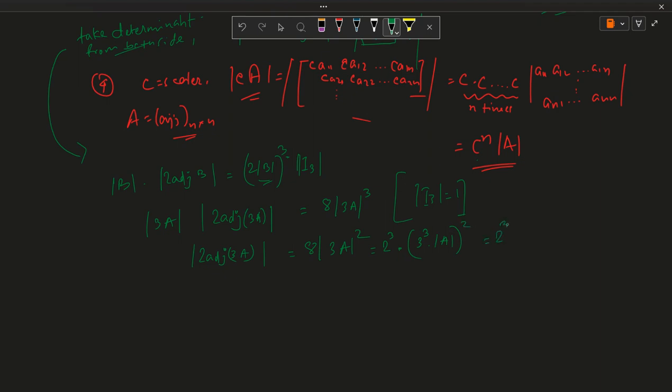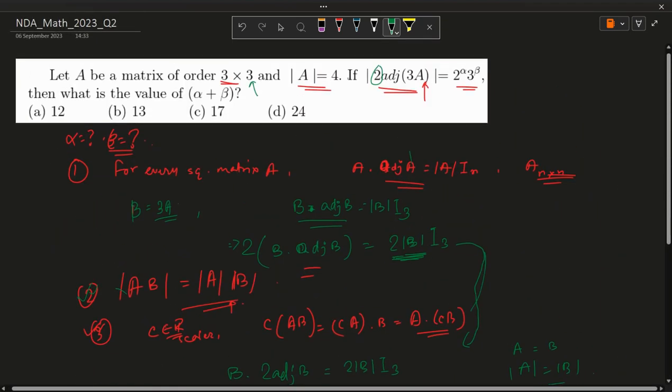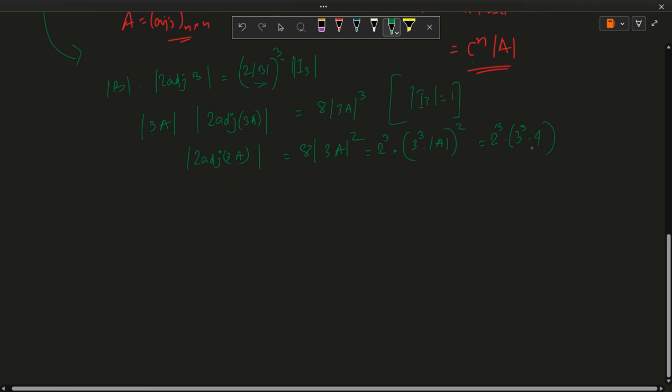So 2 cube into 3 cube into determinant of A, which is already given here as 4.